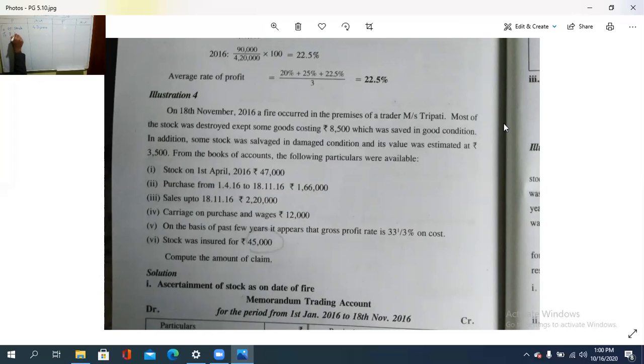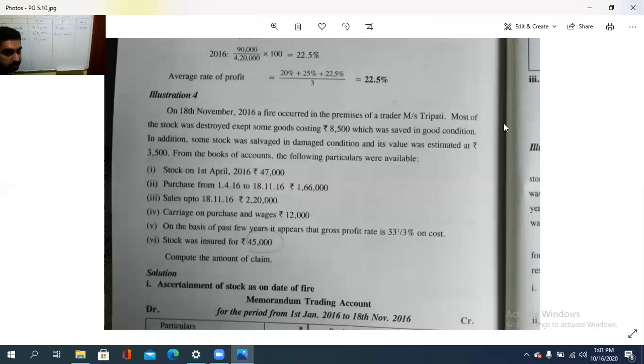To purchases less returns, 1,66,000. To wages or carriage on purchases, that is carriage inwards, 12,000. Then sales is 2,20,000. Then by closing stock, that is the balancing figure. Then to gross profit carried down.